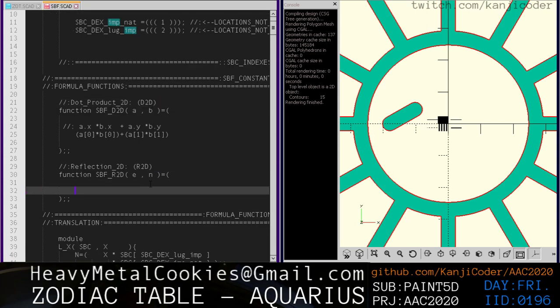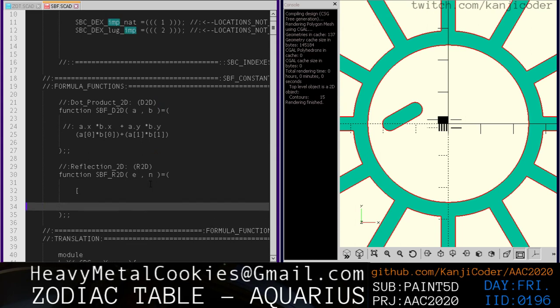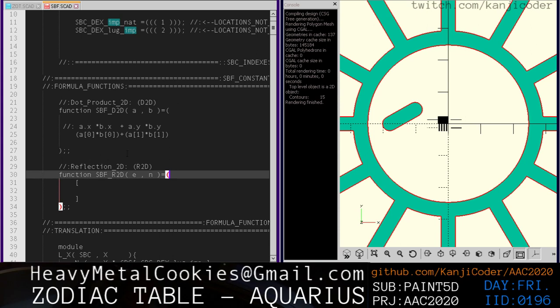Well, the formula is the vector E. Well, first of all, we're taking a vector, right? So the output actually needs to be a vector. The output of the other one was a scalar. This is a scalar output, but this is an output vector, right?